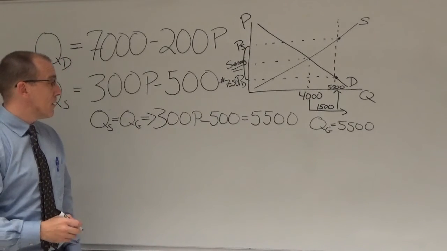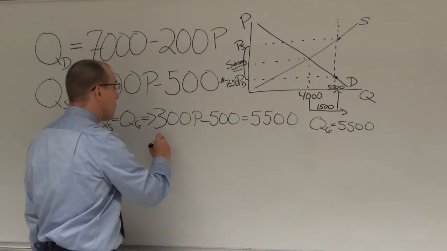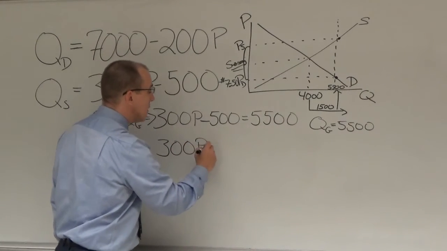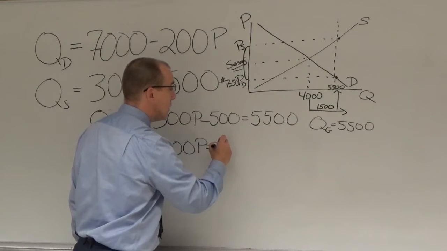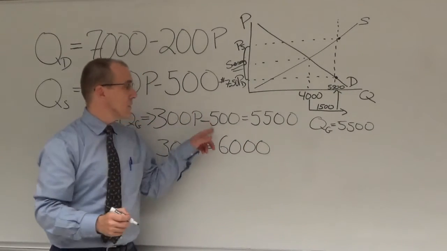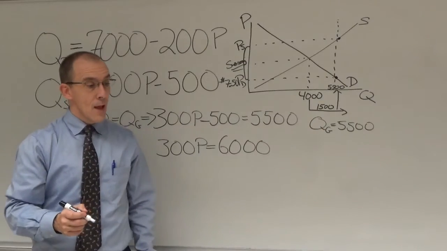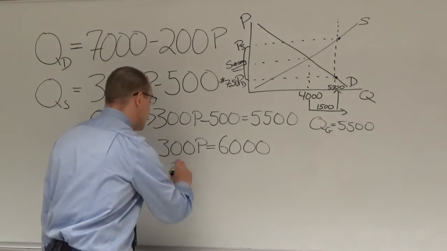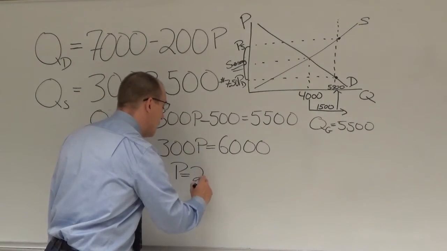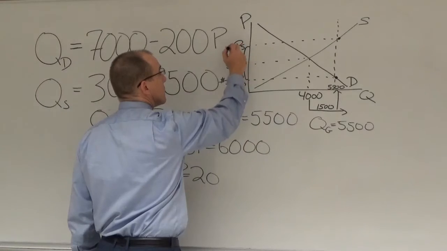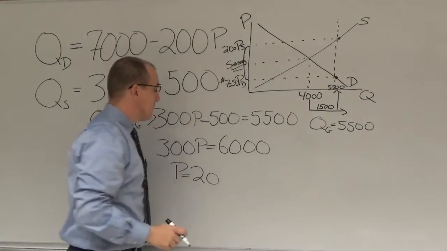Do a little bit of algebra again, and we have 300p is equal to 6,000 because we bring the 500 over. And what this is going to do is give us a price of $20. So the price needed here is $20.